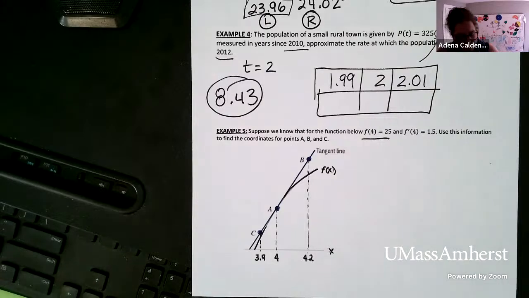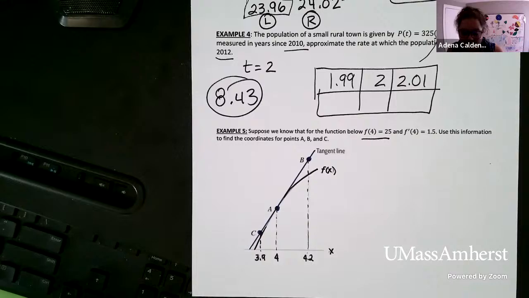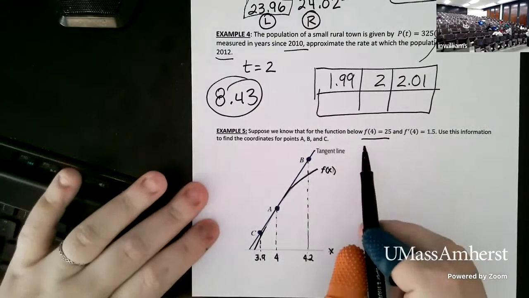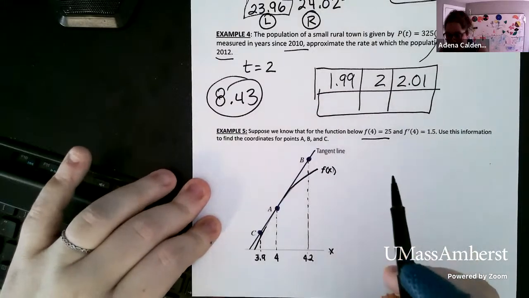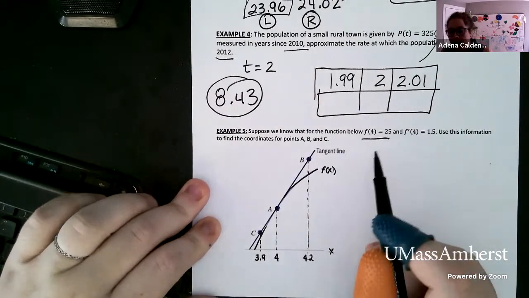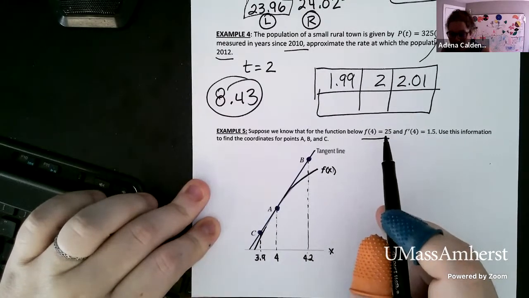Okay, so let's see what we know, what we have to figure out, and how we put it all together. So the first thing that we need to do is understand what this is telling us, that f of 4 equals 25. So f of 4 equals 25, this is a functional value that says when x equals 4, y equals 25.